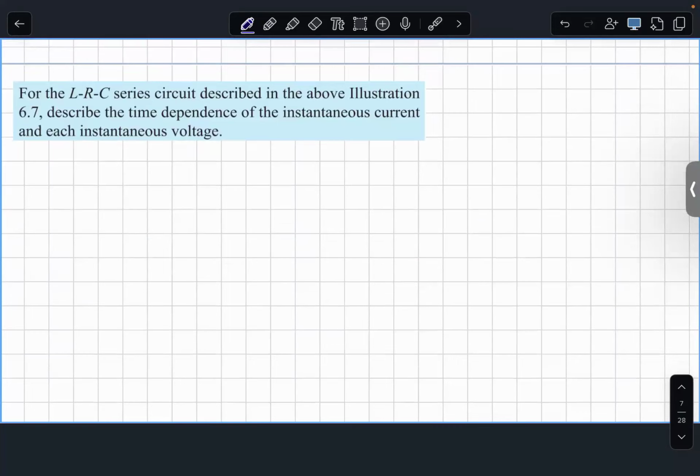Time dependence of instantaneous voltage.